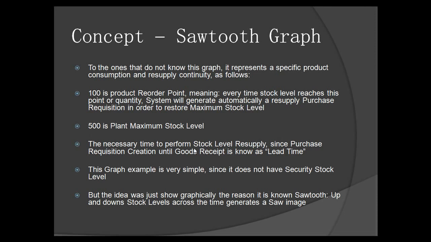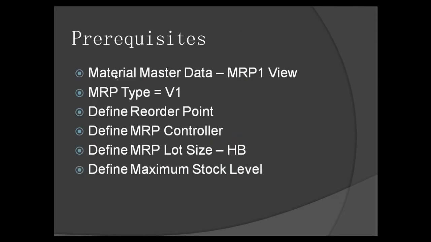The necessary time to perform the stock level resupply, from purchase requisition creation until goods receipt, is known as lead time. This graph example is very simple, since it does not have a safety stock level. But the idea was just to show graphically the reason it is called sawtooth. Up and down stock levels across time generate a saw image. Okay? So let's go to the next slide.